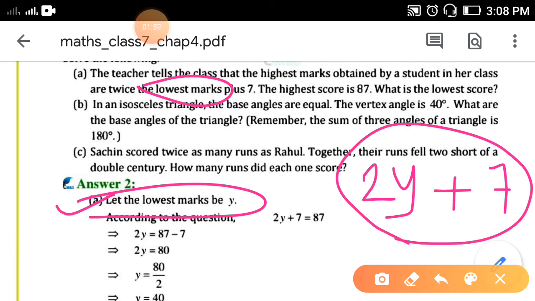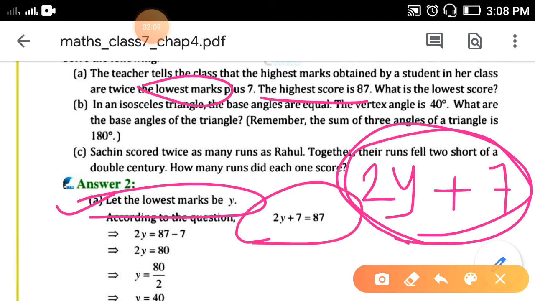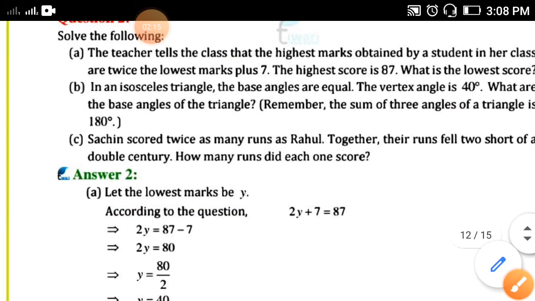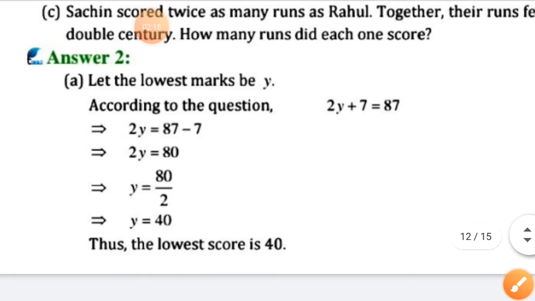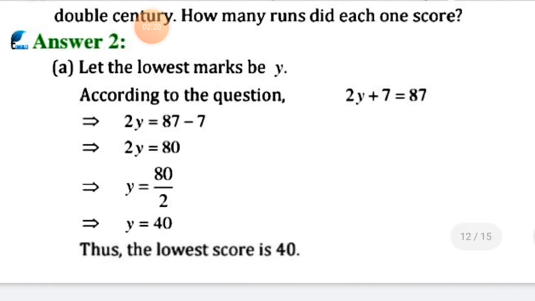And another hint is given. The highest score is 87. So this is only the highest score, 2y plus 7. So is equal to 87, we can write, as it is written here, 2y plus 7 is equal to 87. So this is your equation. What is the lowest score? What is the value of y? For that we have to solve the equation.